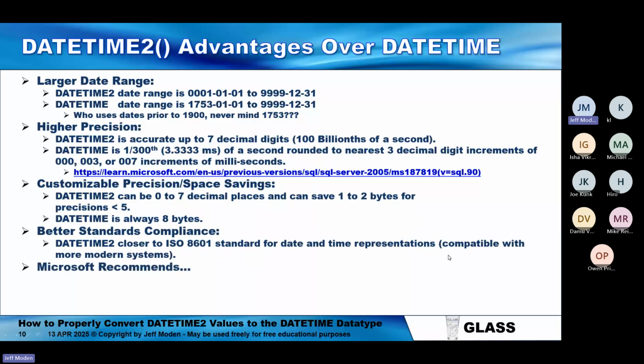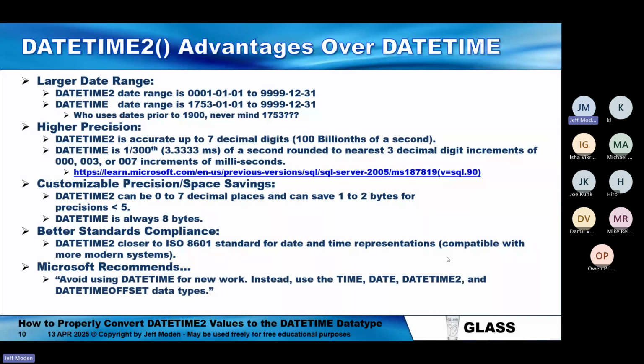And last but not least, if you go and look in the DateTime write-up that I gave you a link for earlier, Microsoft recommends that you avoid using DateTime for new work and instead use time, date, DateTime2, DateTime offset, and all those new things that came out in the year 2008.